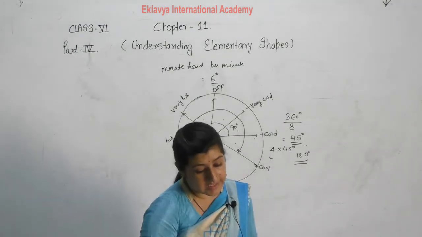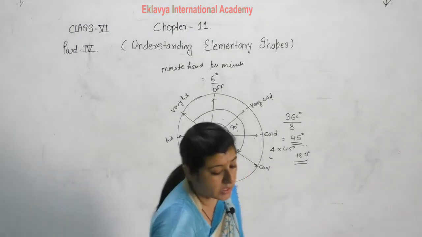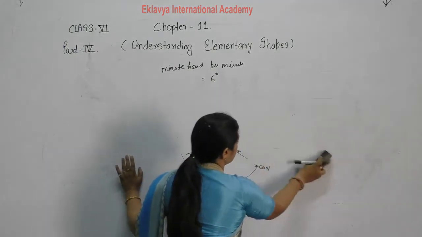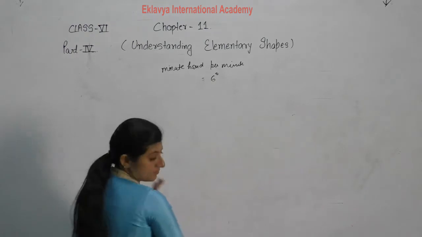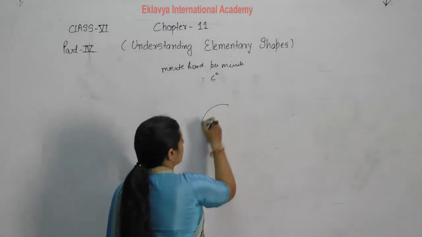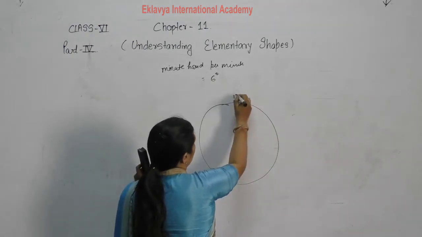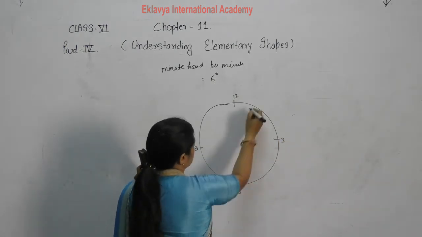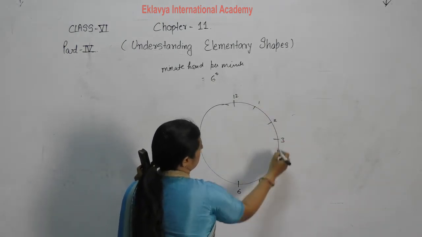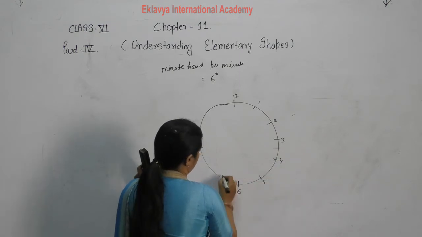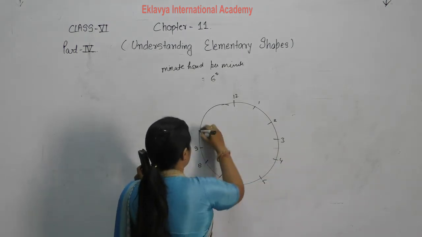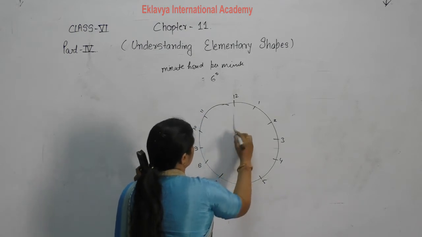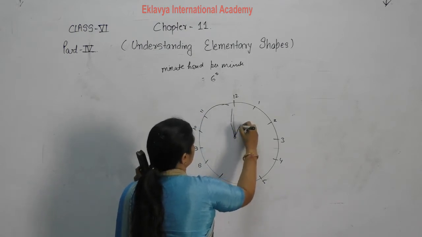Now we will discuss the question related to a clock. One clock is given to you with 12, 3, 6, 9, and 1, 2, 4, 5, 7, 8, 10, 11. Your pointer is at 12 o'clock.